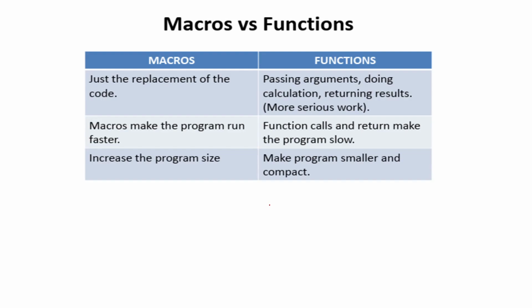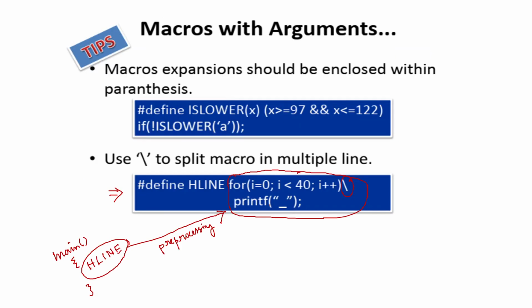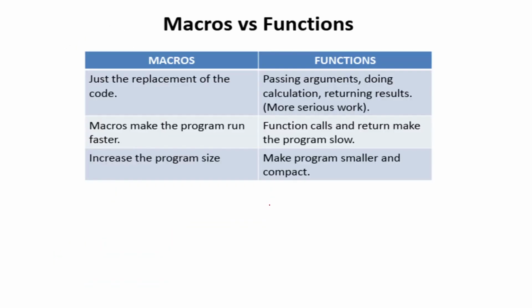Then some job is done, and when the control returns back from the function, the memory is deallocated. But when you are using a macro like this, as we have seen in the previous slide, it's not a function. So there is no way of allocating or deallocating any memory separately. It's just the replacement of the code.